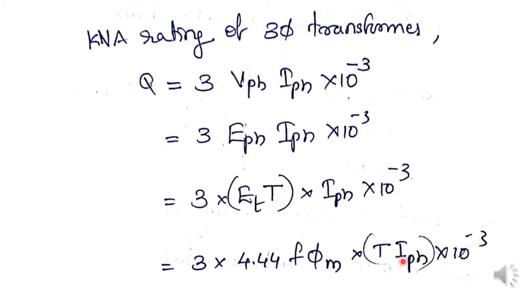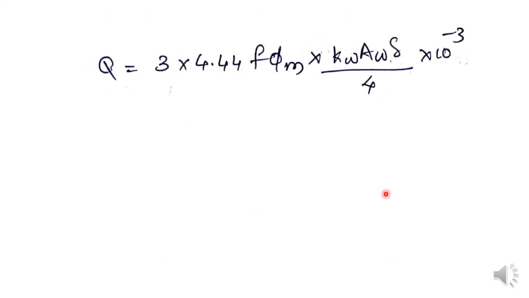T into I phase is MMF, that is AT, but we have the expression for AT from the previous equation. So by substituting for AT, we will get 3 into 4.44 f phi-m into KW AW delta by 4 into 10 raised to minus 3.